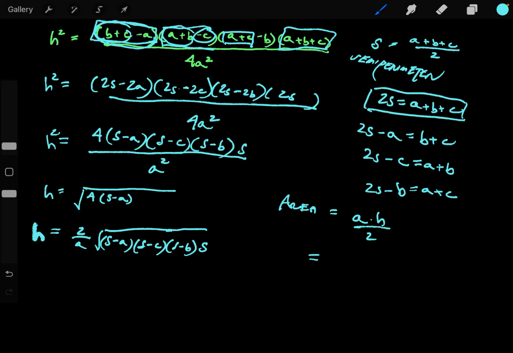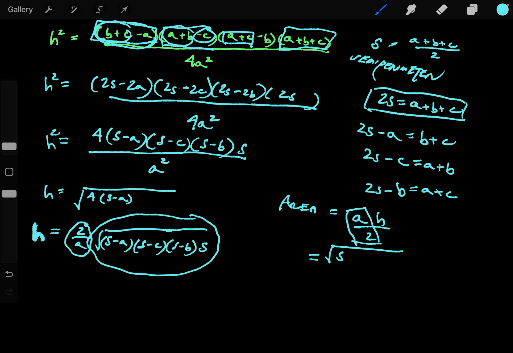And then h is this entire thing. And then the a's cancel, since this term is the same thing as this, but the reciprocal. When I multiply, they cancel out to 1, so I just get this as the area, which is nice: the square root of s times s minus a times s minus c times s minus b, where again, s is the semi-perimeter. So this is all in terms of a, b, and c.